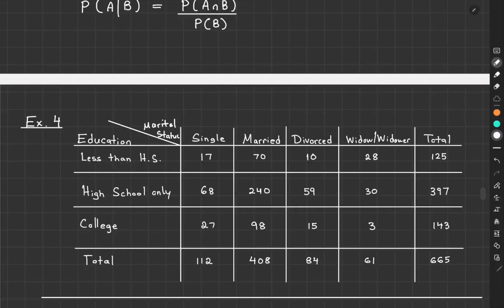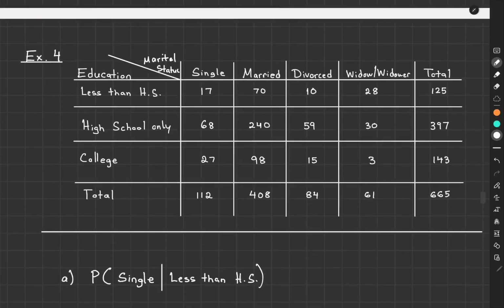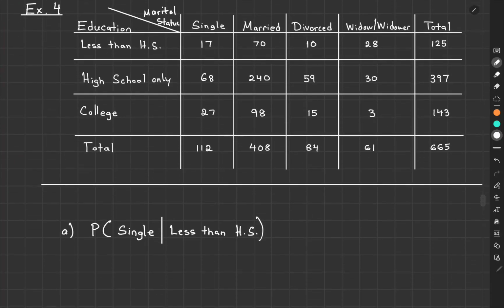So let's look at an example of how we can use this. It's the same table from last time, which compares education and marital status for 665 people. In the first example, we have to calculate the probability that someone is single given that they have less than a high school education.